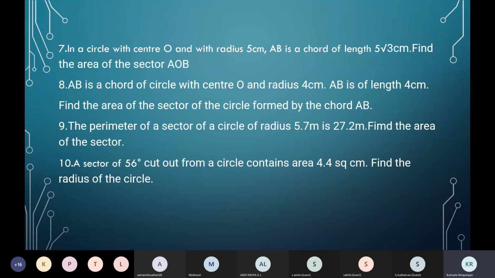Theta by 360 into pi r square. Radius is known, but the sector angle is not known. So we need to first find the sector angle. So think, if you have to find something like this, think trigonometry. I've also given you the hint.